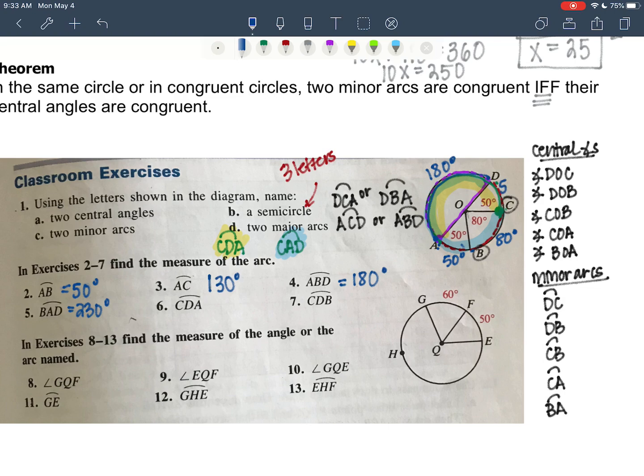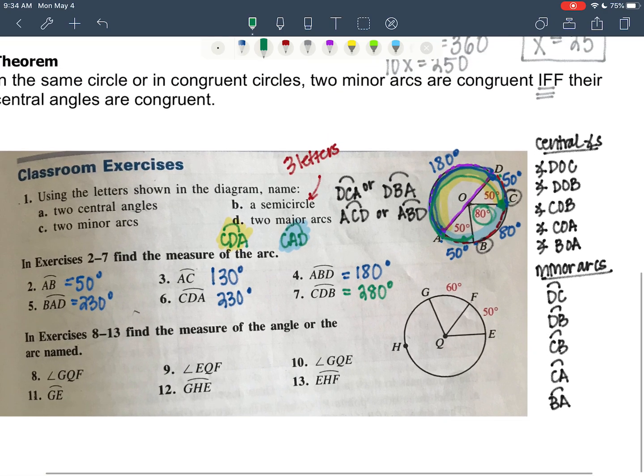CDA would be 50 plus another 180, so that's 230 degrees. And CDB is almost all the way around, except it's 80 degrees shy. So 360 minus 80 is 280.